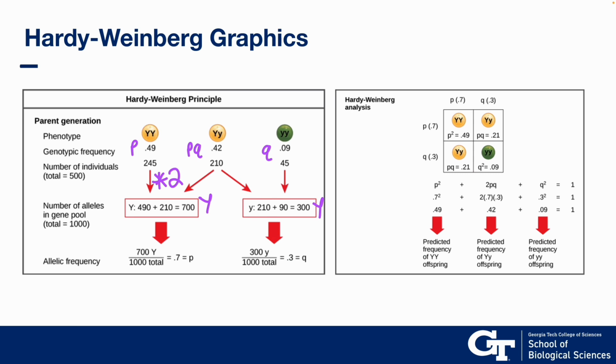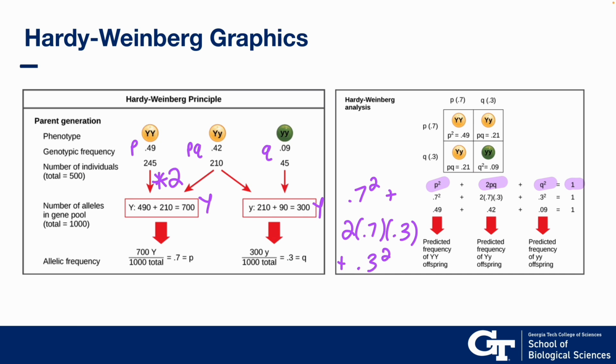Now, one of the ways to analyze this is a Punnett square. Personally, I don't do this. I just set it up like algebra. But again, remember, we have P squared plus 2PQ plus Q squared equals 1. So if you want to do this algebraically, you could do 0.7 squared plus 2 times 0.7 times 0.3 plus 0.3 squared.